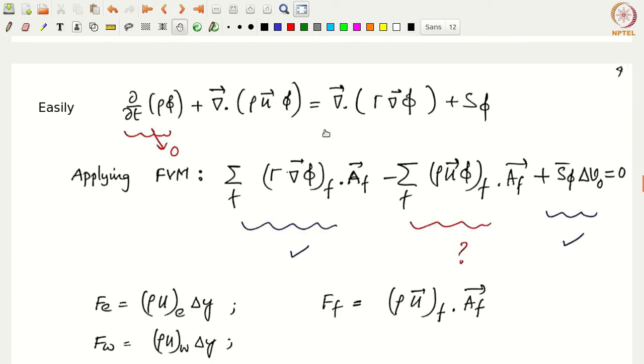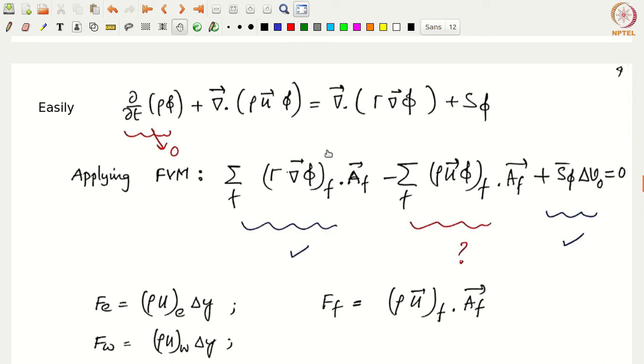Okay, so if I now apply the finite volume method to the convection diffusion equation, we can write this by getting this term to the right hand side, as gamma grad phi f dot A_f bar minus rho u bar phi f dot A_f bar plus S bar times delta V naught equal to 0. Basically, you integrate on a finite volume, convert the volume integrals into surface integrals using the Gauss divergence theorem, and then replace the surface integrals with summation.